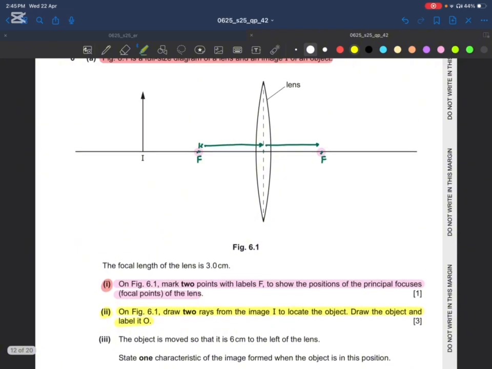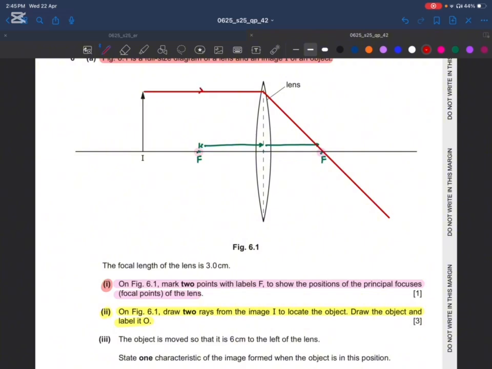So now what we have to do is consider two basic rays. The first is the ray which comes parallel to the principal axis, and after it passes through the lens it will pass through the principal focus of the other side.